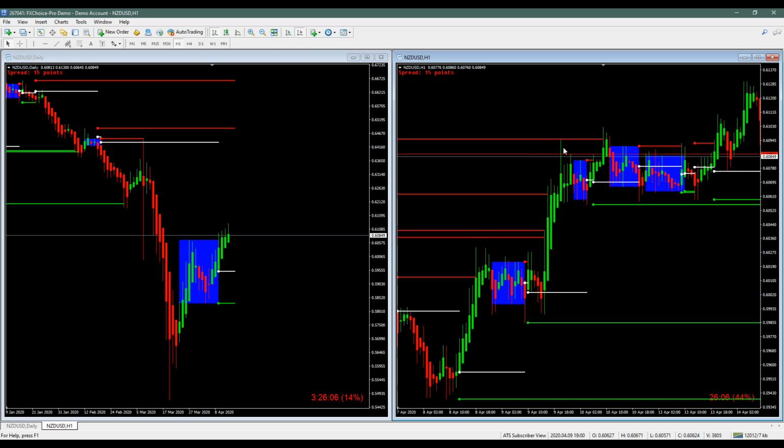I'm going to throw in a few little observations. You'll see very often that when you get some weird behavior around liquidity lines, first and foremost, liquidity lines are what we use as profit targets inside of a trending market.